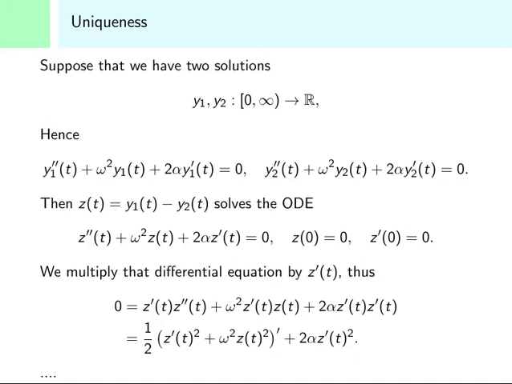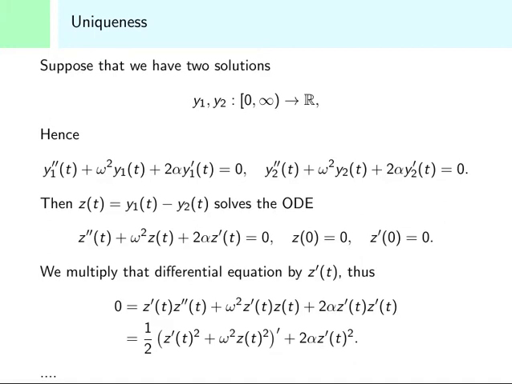We get 0 = z'(t) z''(t) + omega squared z'(t) z(t) + 2 alpha z'(t) z'(t). With a sharp look, we observe that the first two terms actually are a derivative in time.